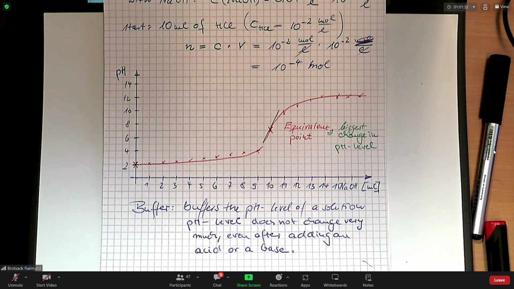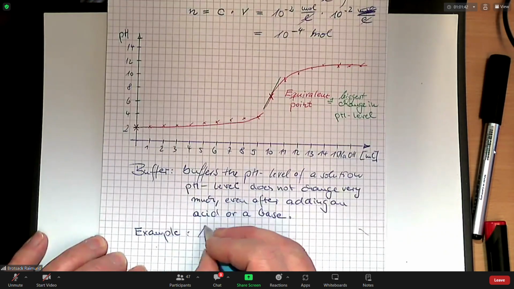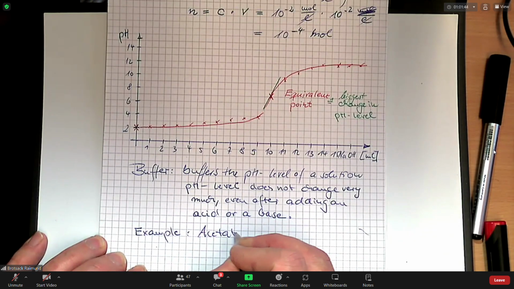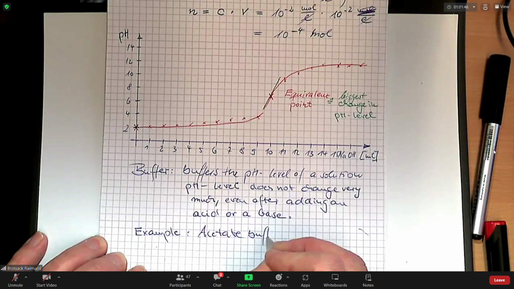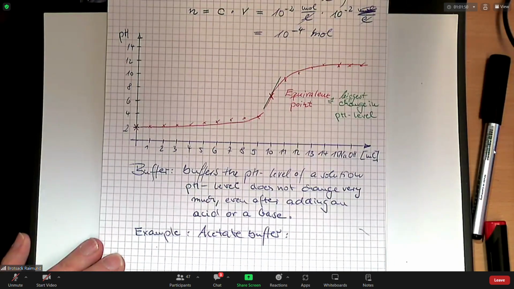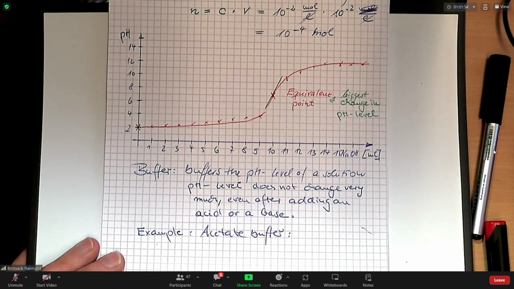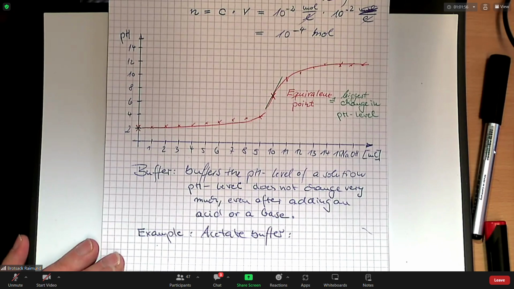And one familiar or famous buffer is the acetate buffer. A buffer is always the salt of an acid and an acid, or the salt of an alkali and the alkali.